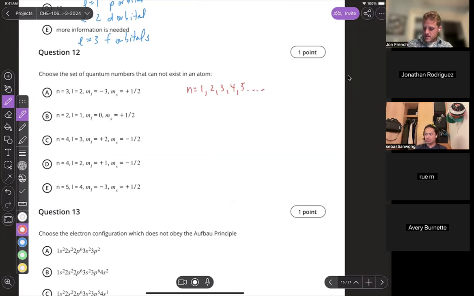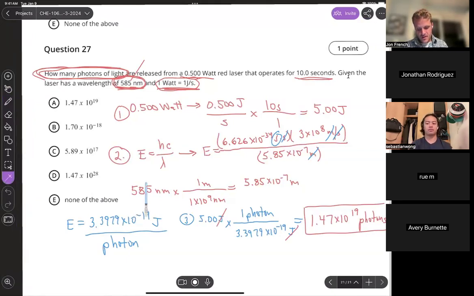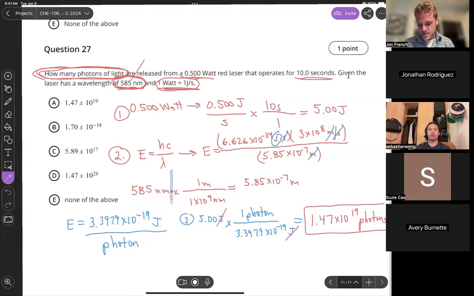Let me just go back real quick. Sarah, the 3.39 times 10 to the minus 19 is not a constant. That is the energy for one photon of light that has a wavelength of 585 nanometers. That's where this number came from.